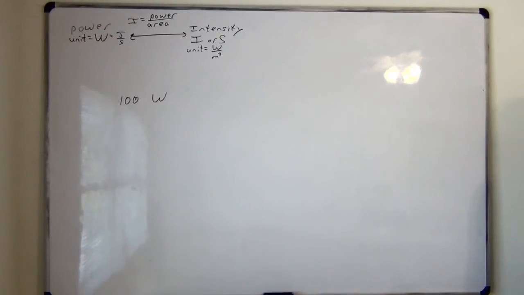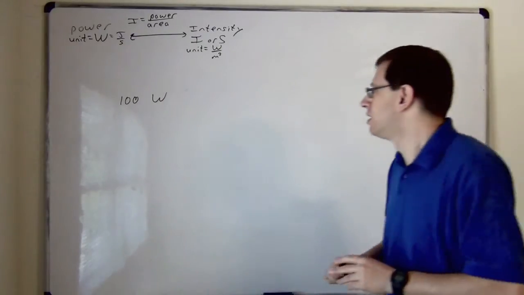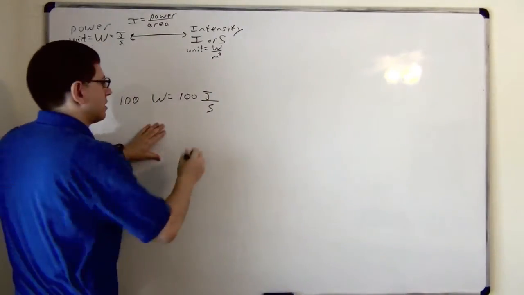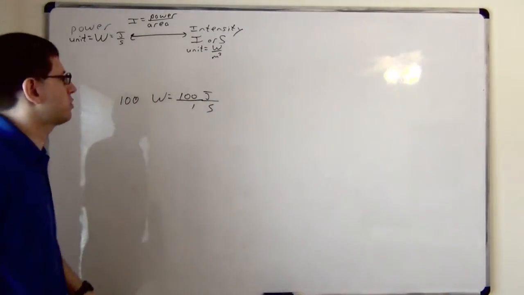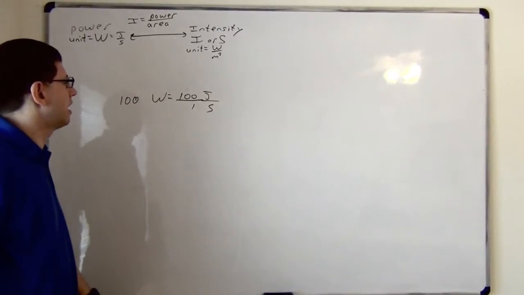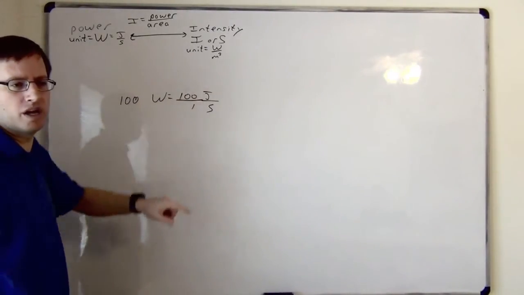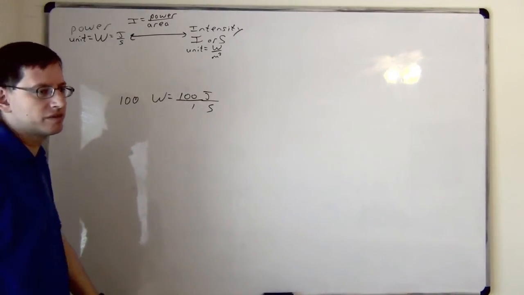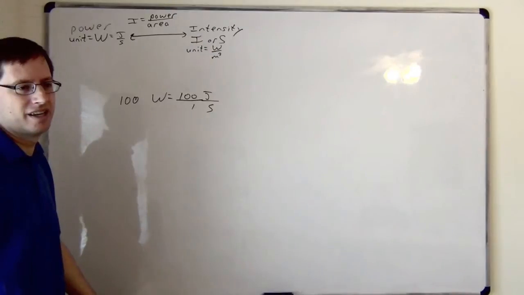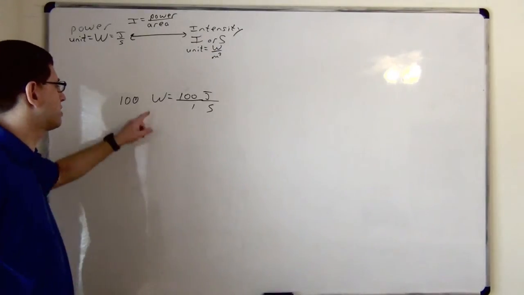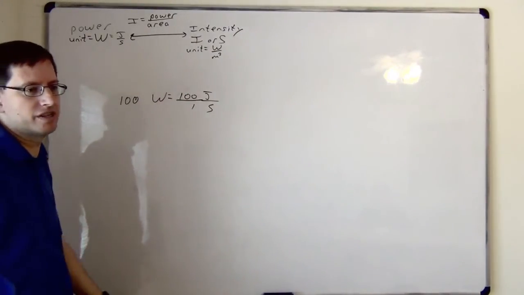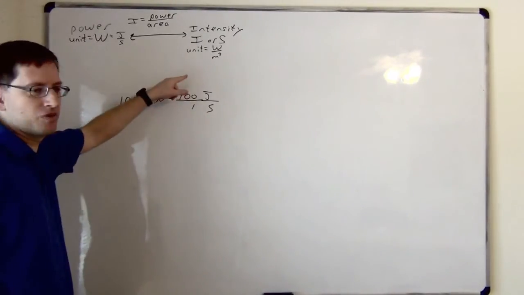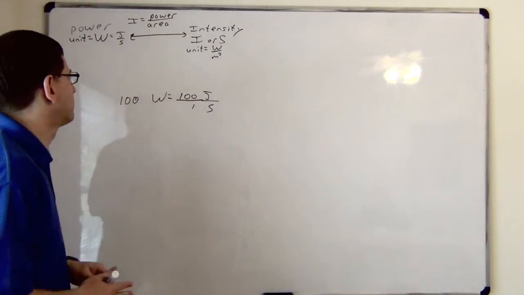I think people have a better understanding if they use the word 1, so we can rewrite this as the subunits, and the number we can put down here is 1. So you're on the right track. This means in 1 second, the light bulb will emit 100 joules of what? Energy. Yeah, in 1 second, it'll emit 100 joules of energy. So how much would it emit in 3 seconds? 300 joules. That's right, good. So the power doesn't tell us the energy, but it allows us to figure out the energy. Or putting it another way, in 3 seconds, we'd have to pay the power company for 300 joules of energy to use that light bulb.